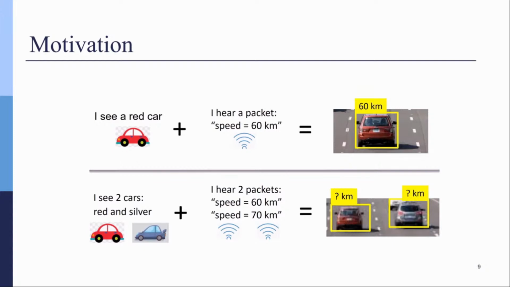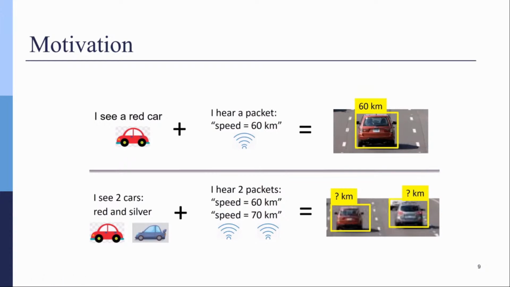Inside the packet, the vehicle shares its profile and says its speed is 60 km per hour. So, the radio information must belong to the red vehicle. We can pair the packet and the red car and then tag the red car with the driving status as shown in the figure.